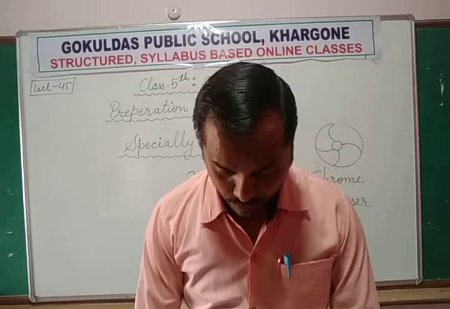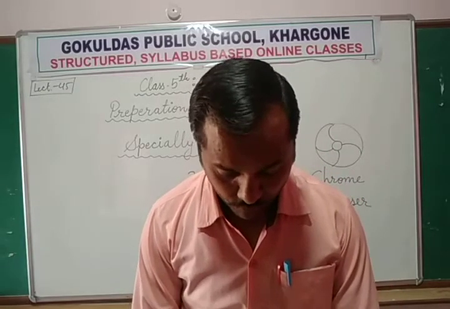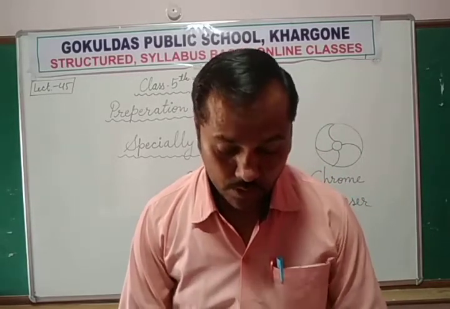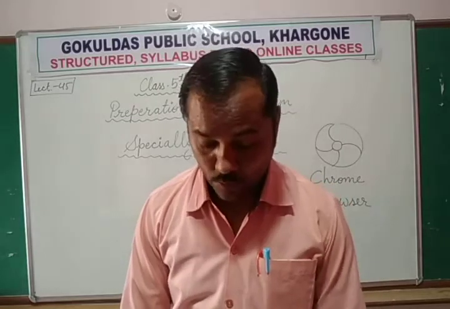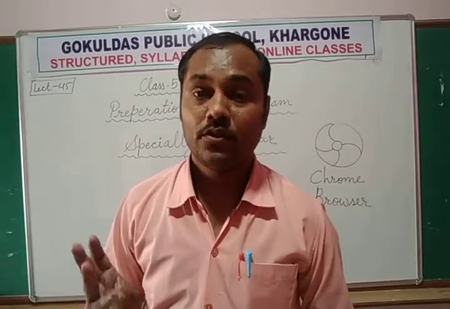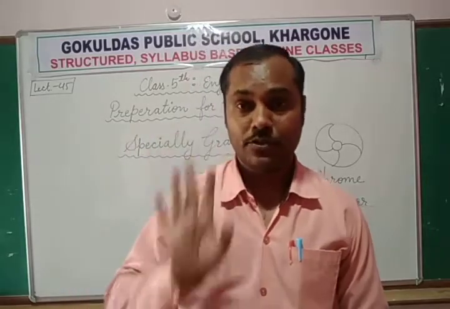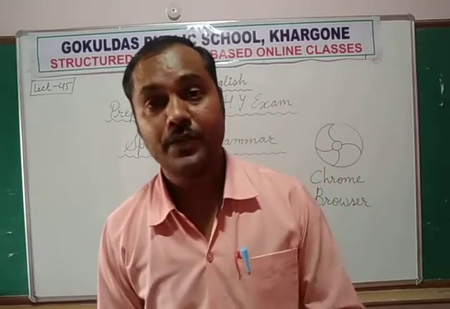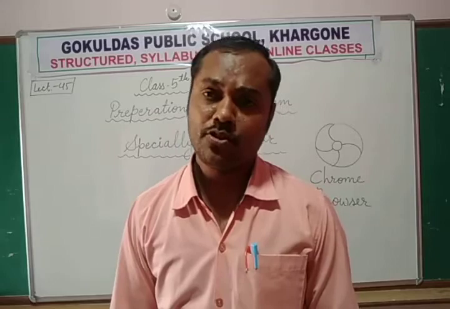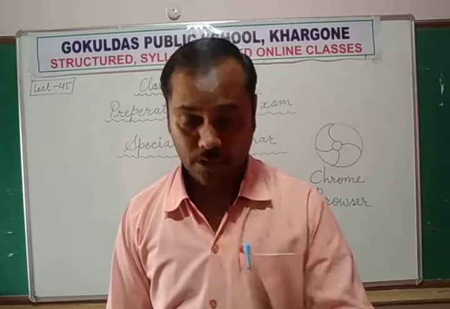Okay, so you need to focus on these things. So chapters 1, 2 and 4, 5, these 4 chapters are going to be asked in this half yearly exam. So you need to learn only these 4 chapters.